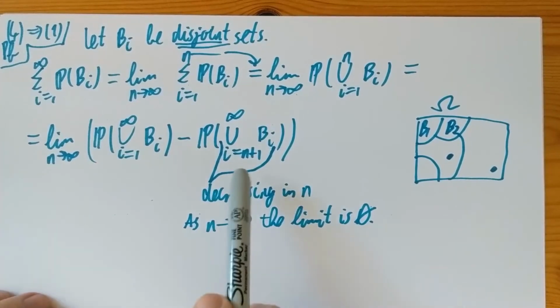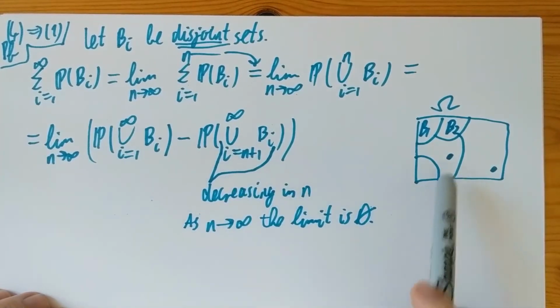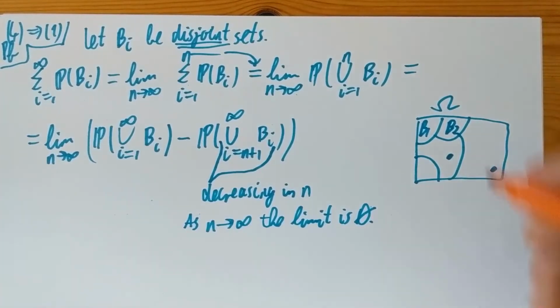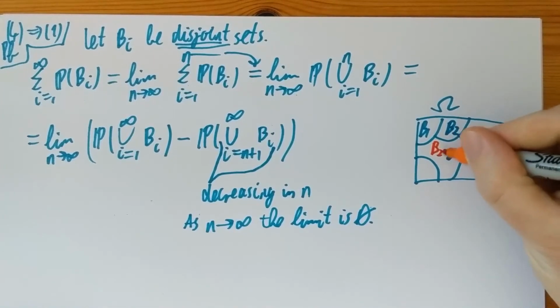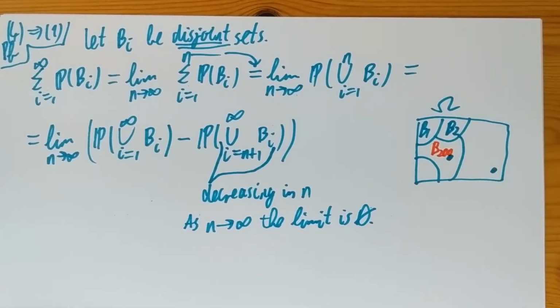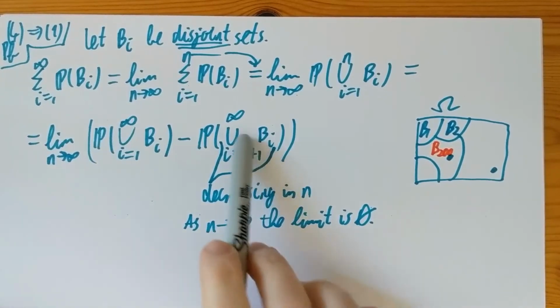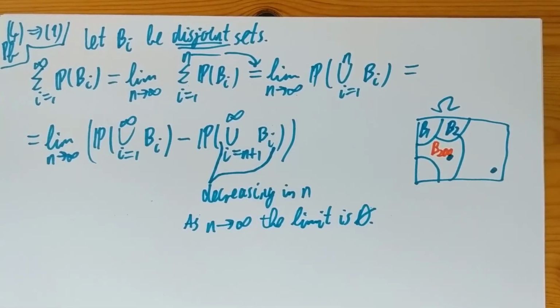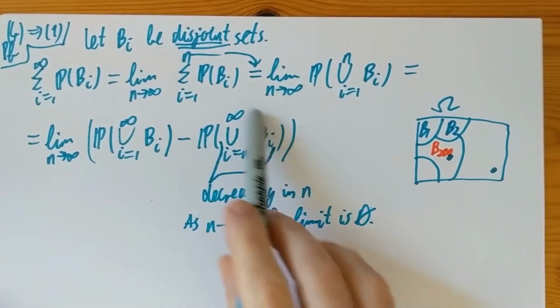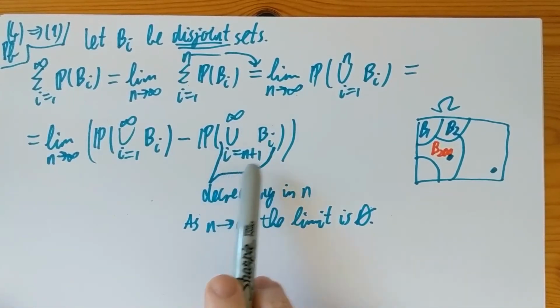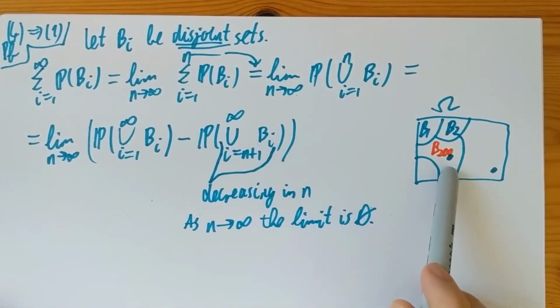As soon as the index n goes past the index of B, if this point is, for example, in B200, as soon as n reaches 200, so I start my union from 201, my point is not going to be in this union, because no other B's can contain my point. They are disjoint. If it's in B200, then no other B's can contain my point.